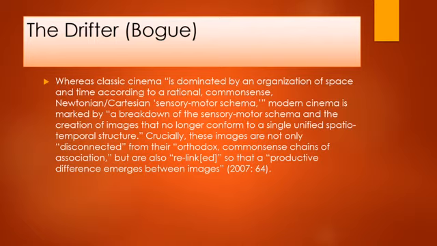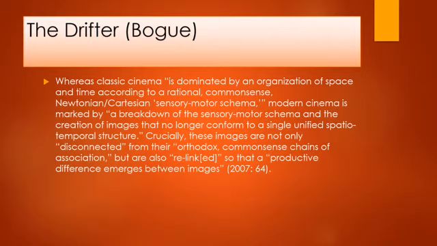Let's see. Whereas classic cinema is dominated by an organization of space and time according to a rational, common sense, Newtonian, Cartesian sensory-motor schema, modern cinema is marked by a breakdown of the sensory-motor schema and the creation of images that no longer conform to a single unified spatio-temporal structure.